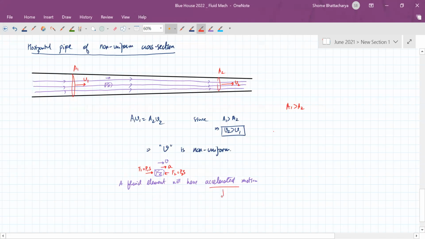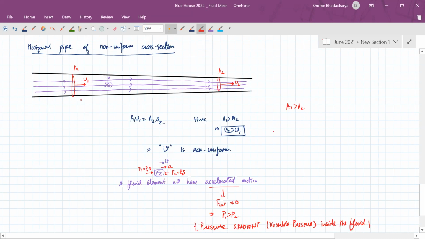Since it's accelerated, net force should not be zero. So P1 in this case should be greater than P2. Okay. So there is a pressure gradient. That means there's a pressure variation, or variable pressure, inside the fluid.